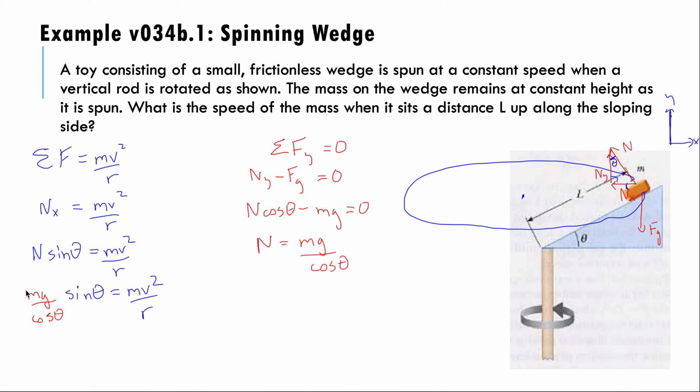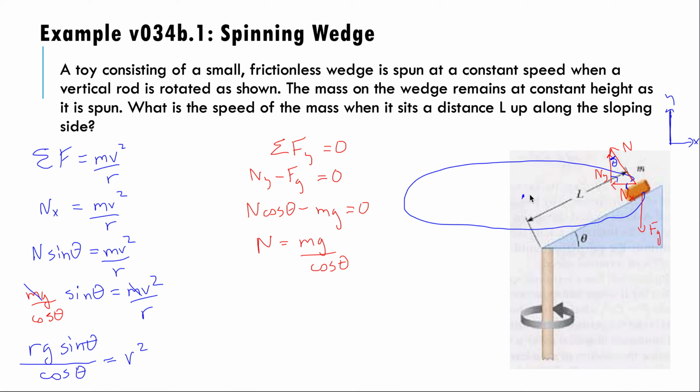And we can see that the m's cancel out. And we can go ahead and multiply by r. So we're going to have rg sine theta over cosine theta equals v squared.